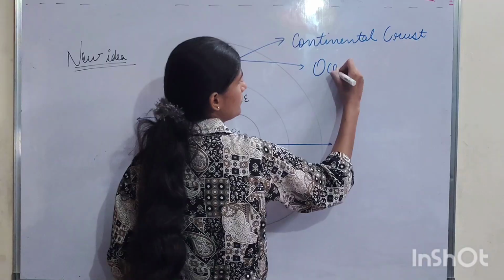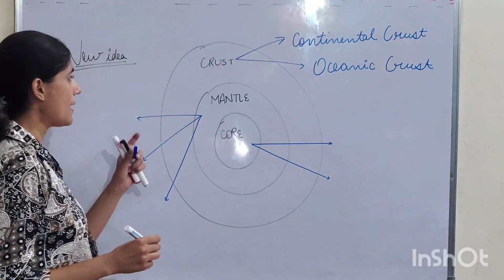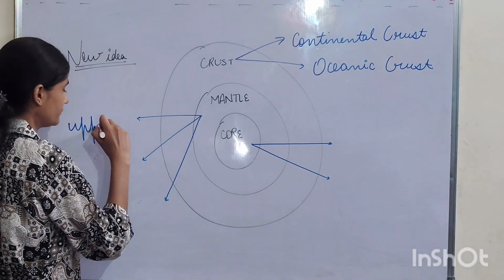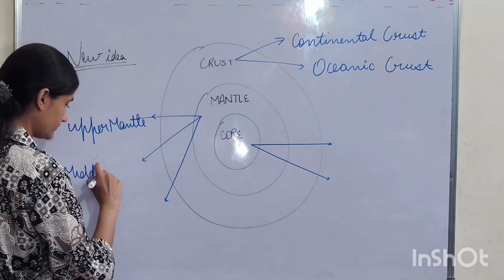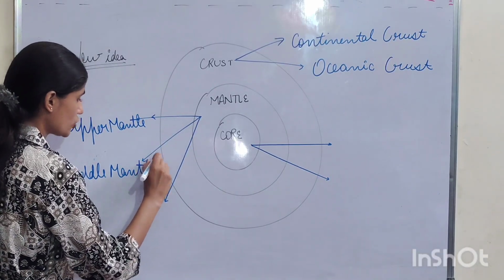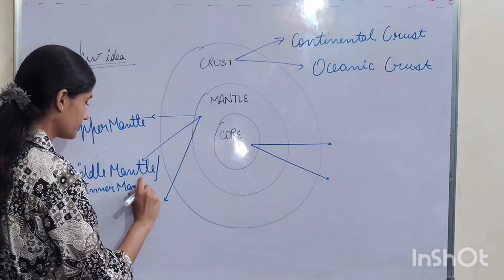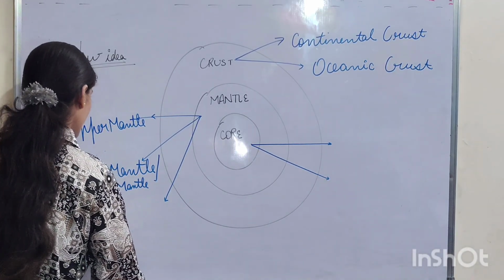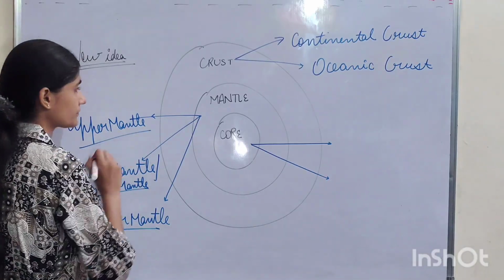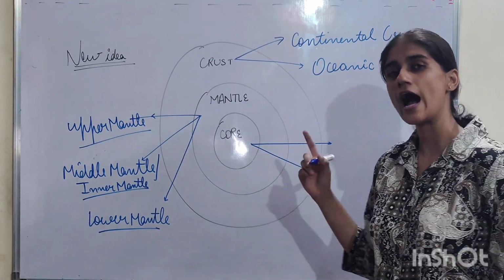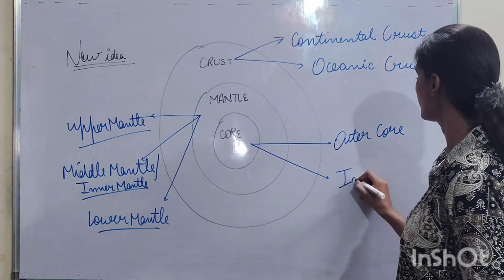Mantle is further divided into upper mantle, middle mantle, or we can also say inner mantle, and at the last we have lower mantle. And core is divided into outer core and inner core.